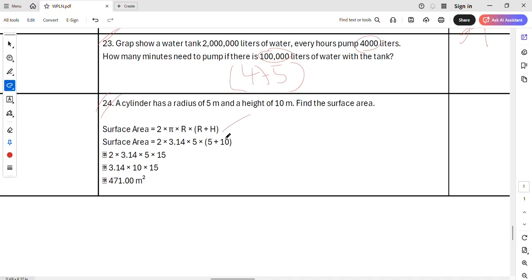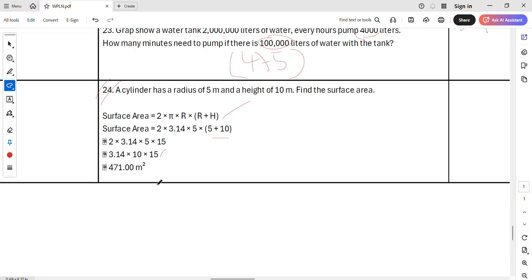So 2 times 3.14 times 5 times 15, and we break down the calculation. The surface area is 471 square meters.